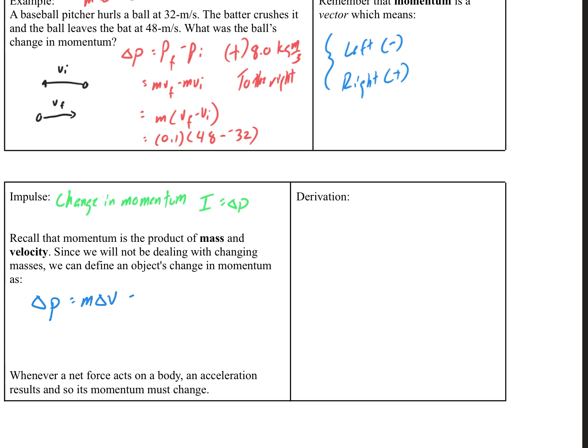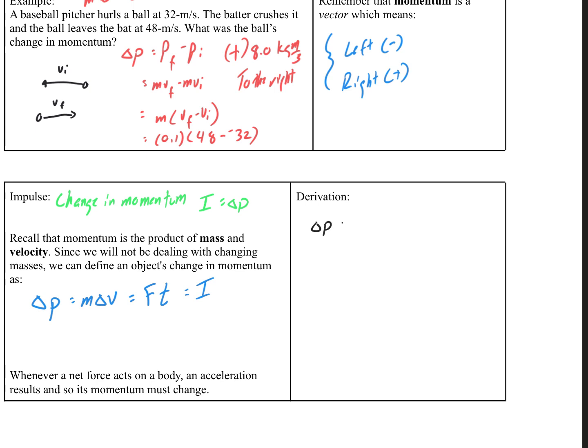And then we have this idea of a force acting on it for a certain amount of time. And that's going to be important. You know, forces haven't gone away. So we have all of these ways to express this change in momentum, right? So a quick derivation here looks something like this.